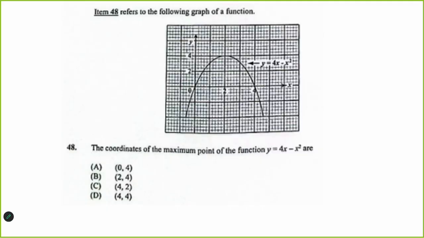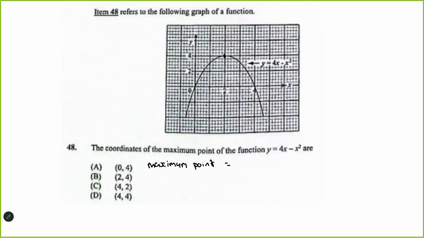Let's look at 48. 48 refers to the following graph of a function, the coordinates of the maximum point. Now, if we know anything about our maximum point... Our maximum point, or turning point, when a is negative, when a is positive, sorry, is your turning point here.